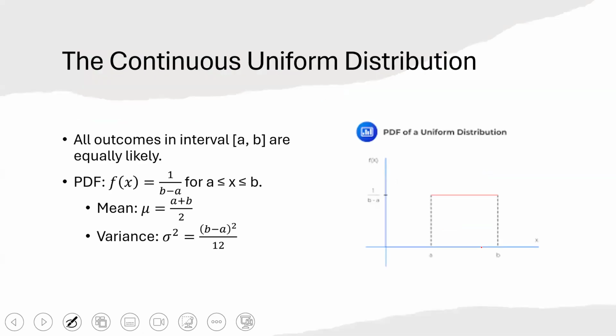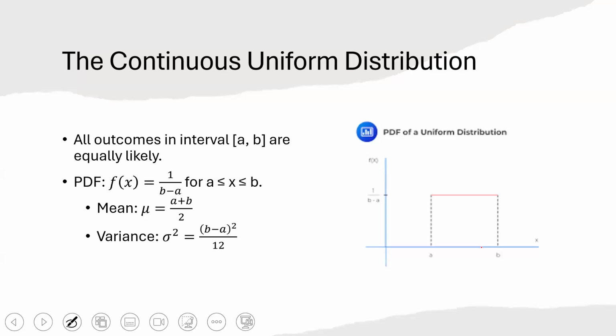Let's start with the simplest continuous distribution, the uniform distribution. Here, all values in the interval are equally likely. If your professor says they'll show up anytime between 10 a.m. and 10:20 a.m., and each minute is equally likely, you're looking at a uniform distribution.